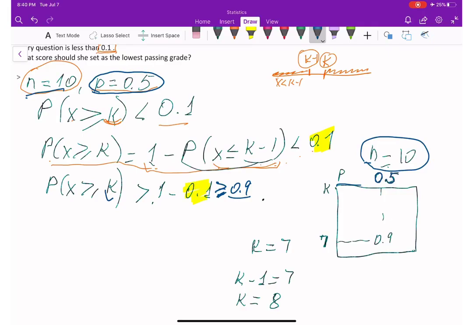Since I don't know how much my K is, which is this column, I'm going down this column under 0.5 and finding the first probability that is greater than 0.9.